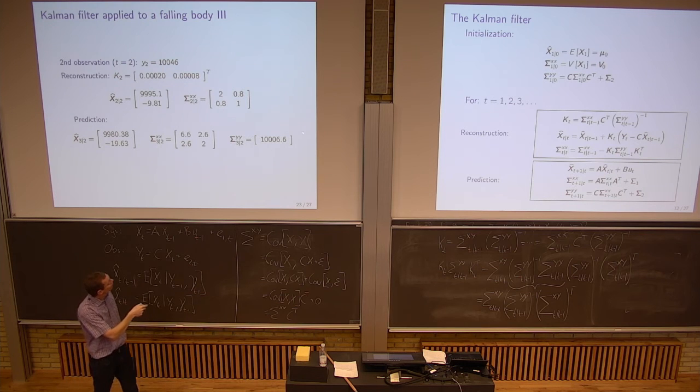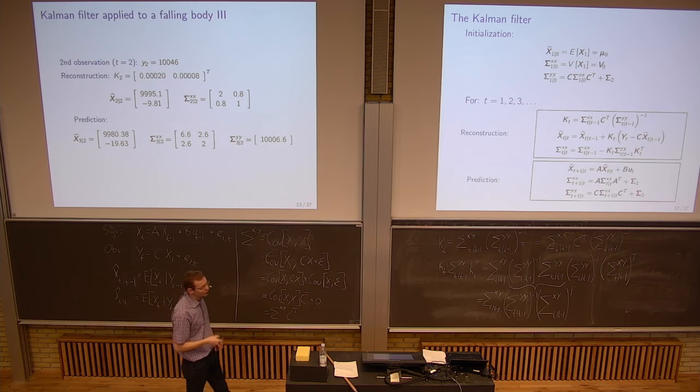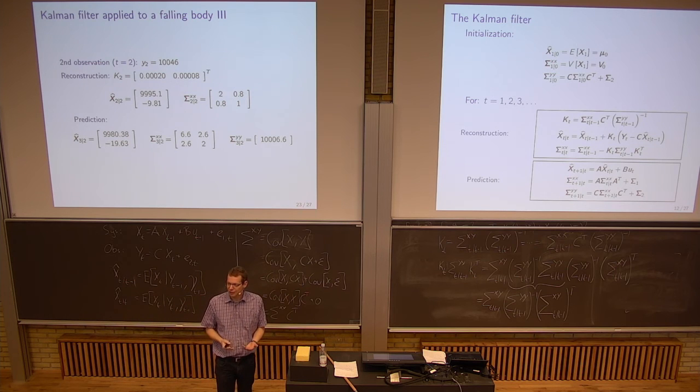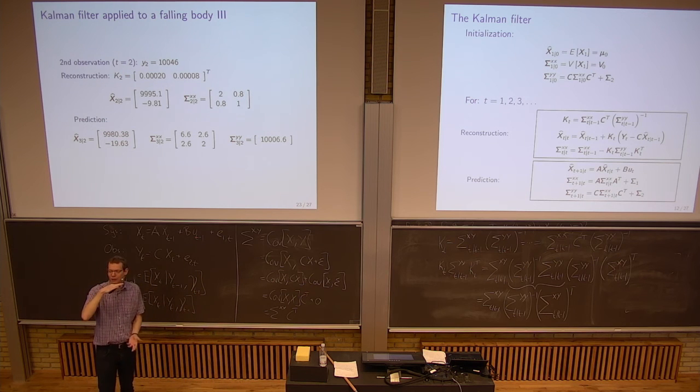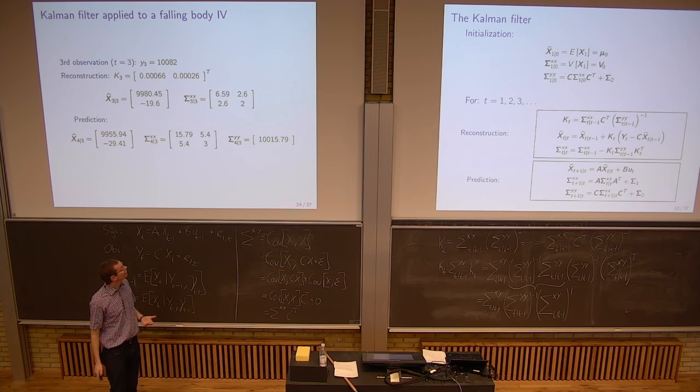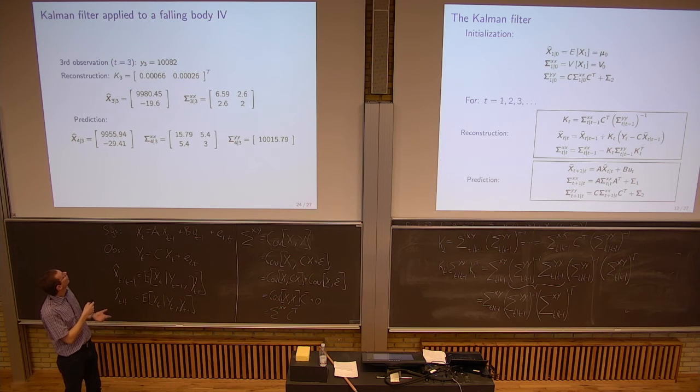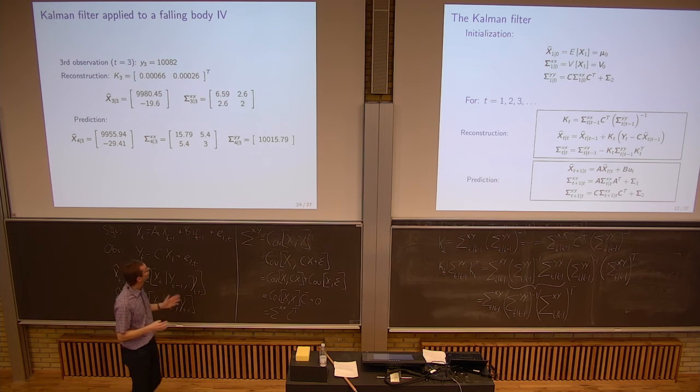And the covariance for the observation prediction is still not increased that much because the uncertainty of our measurement is still much greater than this. I will do this again. For each observation, I just go through each of these steps over here. That's all there is to it.